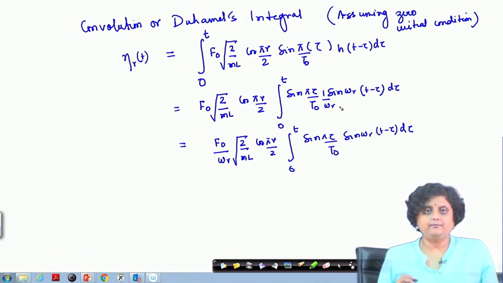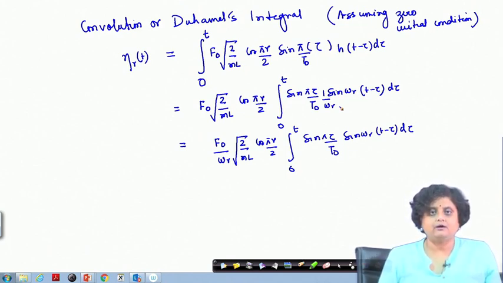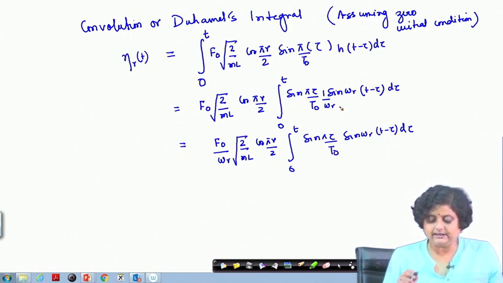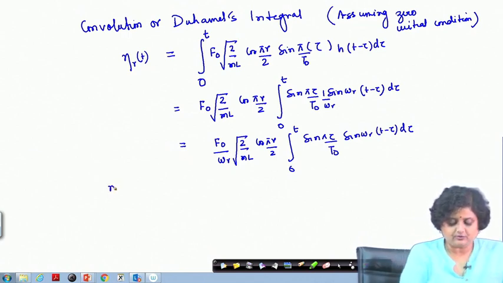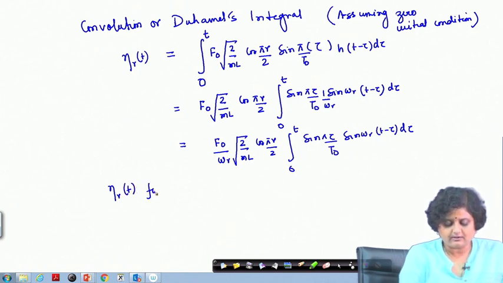Now, the problem has asked us to find out the response after the thrust has been applied, after the completion of the application of the thrust. So, we need to find out the response eta_r(t) for t greater than or equal to t0.